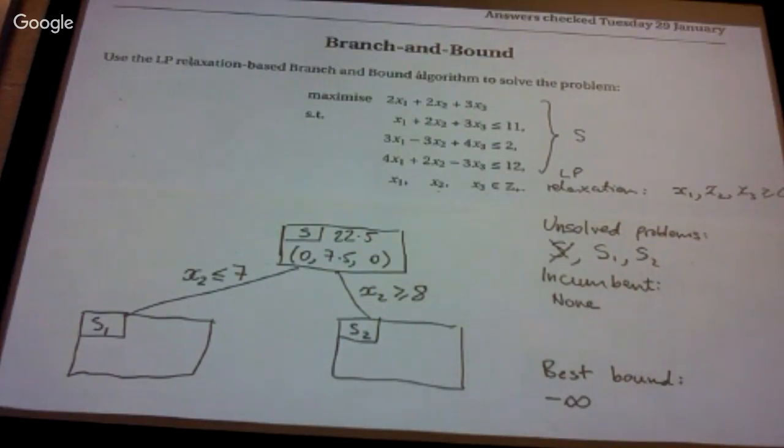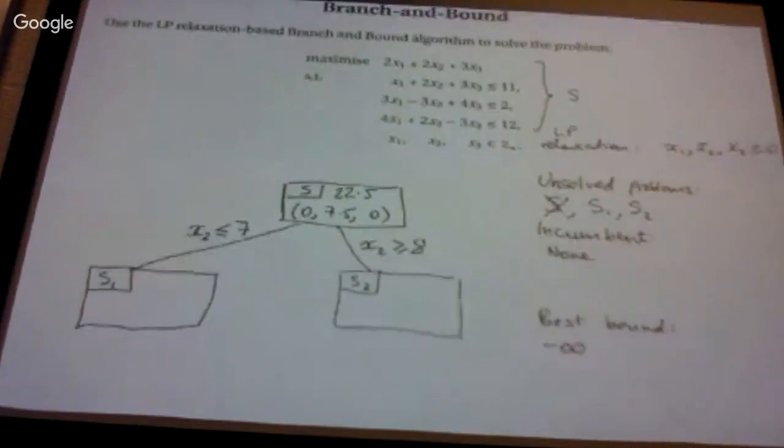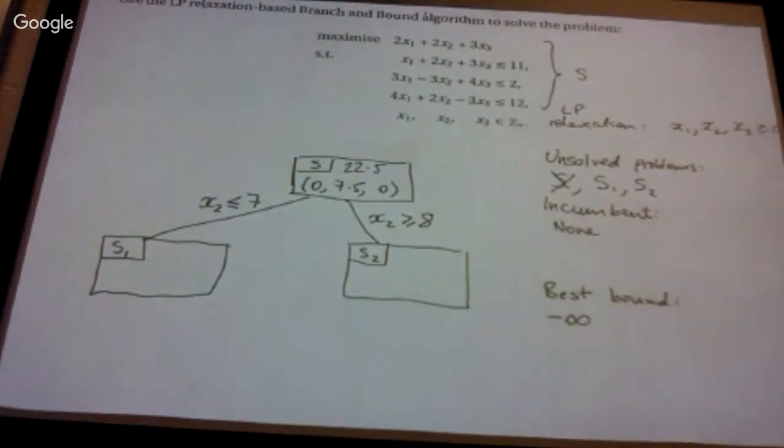And this is a step that you do every time, as long as you have some unsolved problems. Okay, so you continue. What you do next is look at your list of unsolved problems and pick S1 or S2.